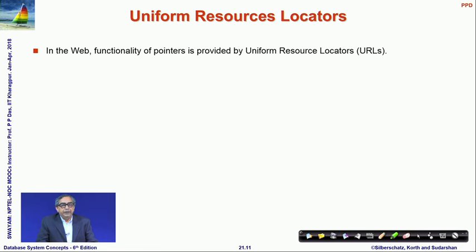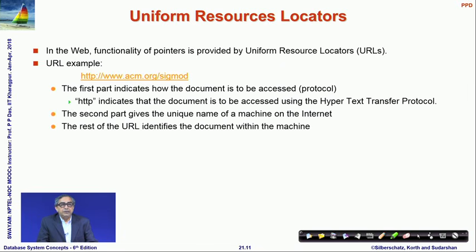Now, naturally when we operate on the web, we need to have the functionality of pointing to different resources, and this is done by what is known as URL or Uniform Resource Locator. A URL is a procedure through which you can identify and point to a certain specific location of content. Here I am showing an example of such a URL.